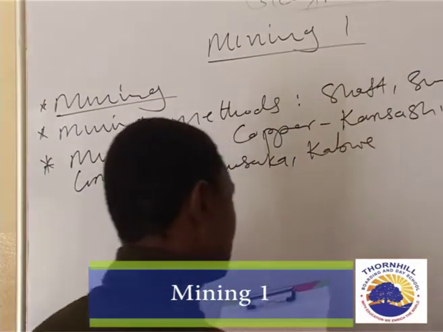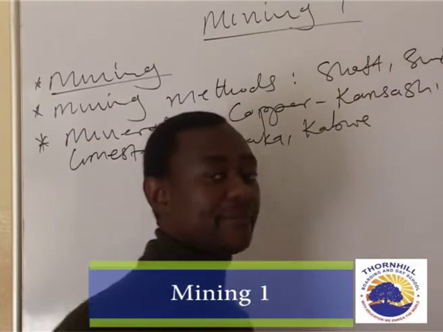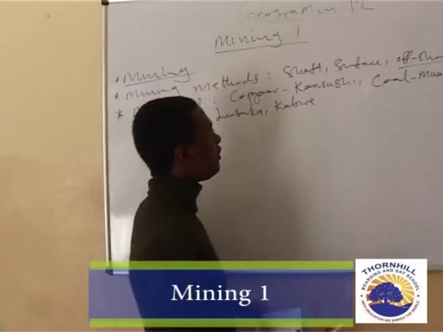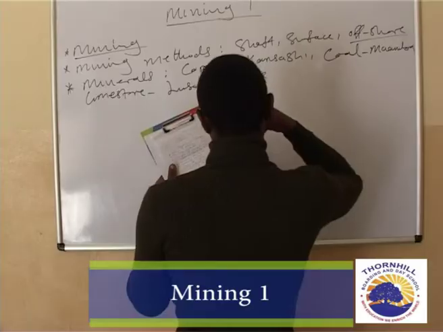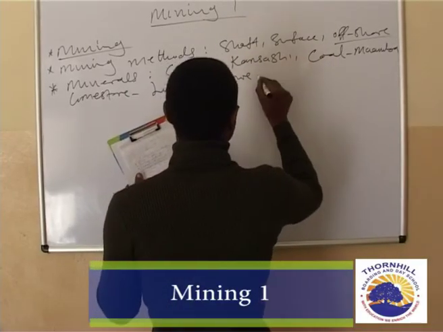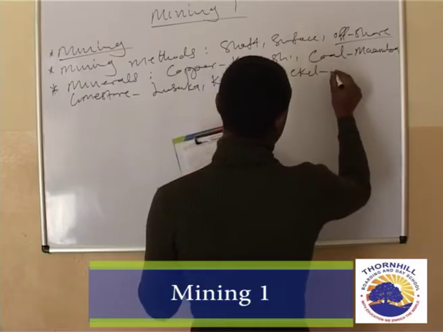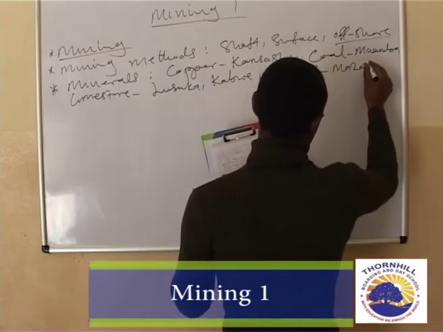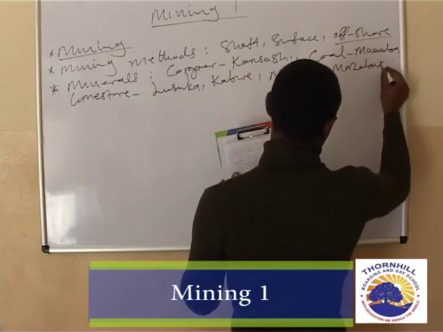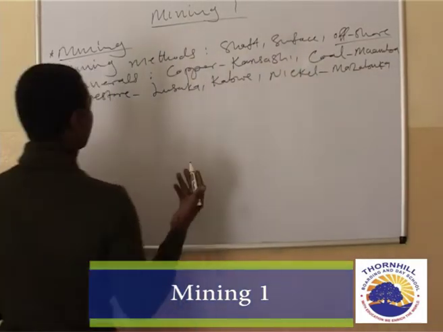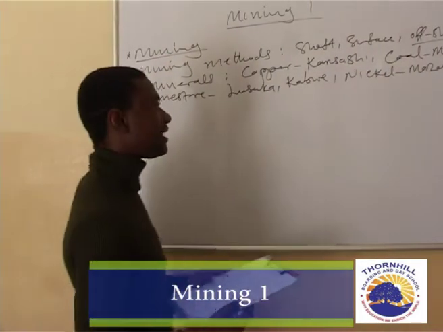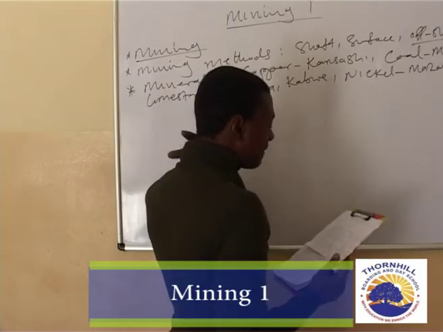So these are just some of the minerals that are mined in Zambia, and the places where they are mined. Then we also have nickel, which is mined in Mazabuka. So these are just examples of the minerals that are mined in Zambia and the places where they are mined.